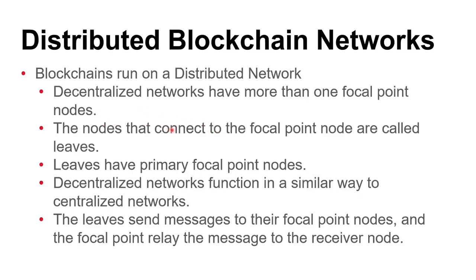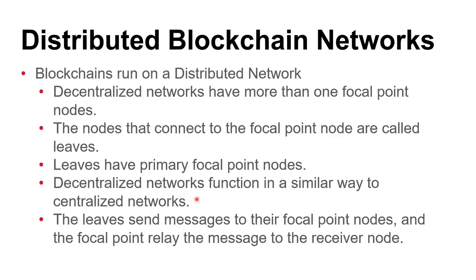Decentralized networks also make use of the focal point, but there are many focal points. So it's almost like a network of centralized networks. The nodes that connect to the focal point are called leaves, and the leaves have a primary focal point, but they can also move back toward a different focal point.